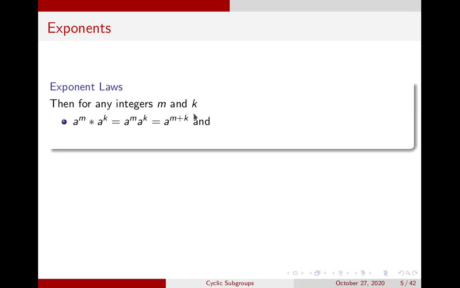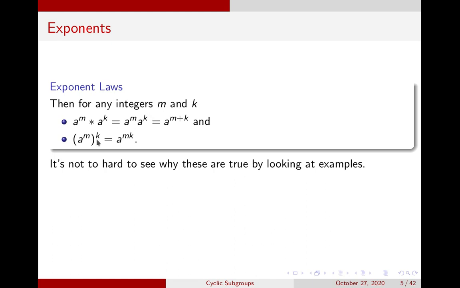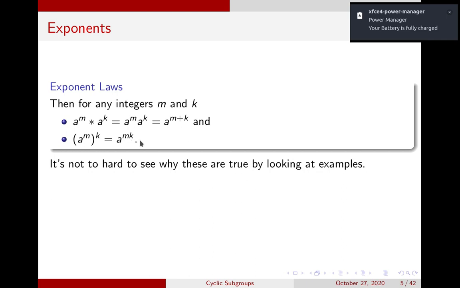This is a rule for exponents when we're doing ordinary exponentiation with real numbers that you know. And similarly, a to the m raised to the k power can be calculated as a raised to the m times k.